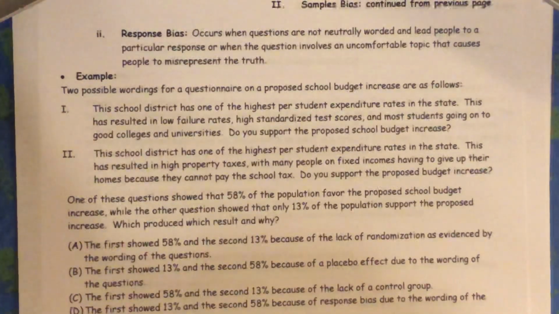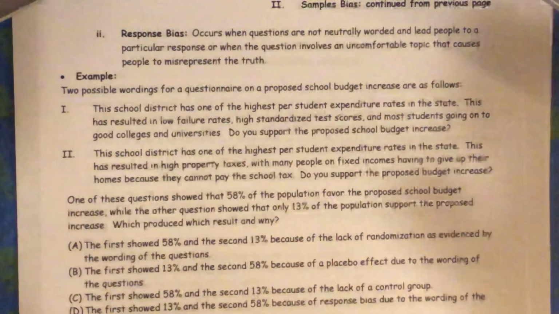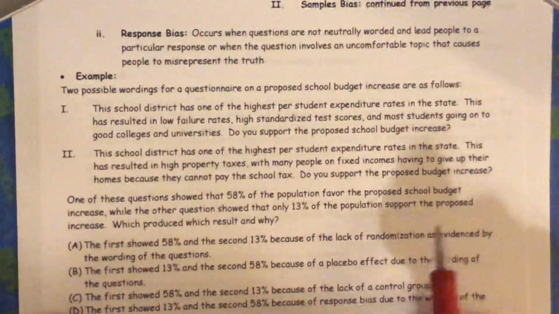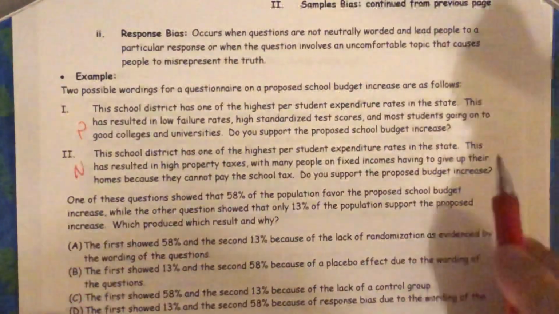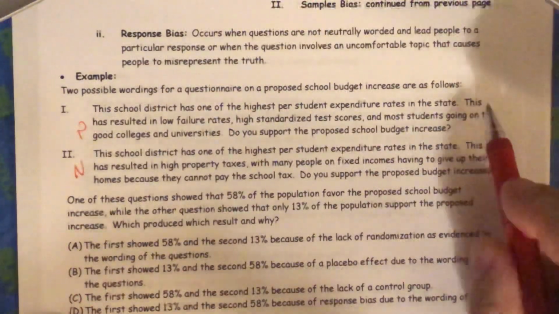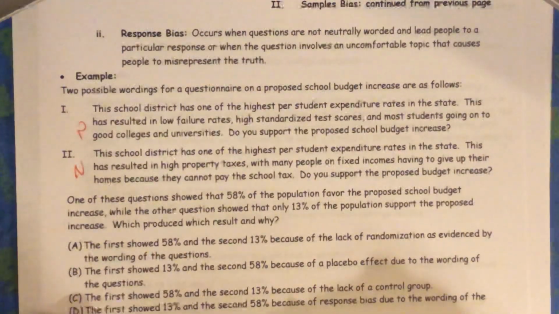This has resulted in high property taxes, with many people on fixed incomes having to give up their homes because they cannot pay school tax. Well, this is worded in a negative. So this is negative, this is positive. I'm thinking more people are going to be in favor of the first one, and fewer people in favor of the second one.